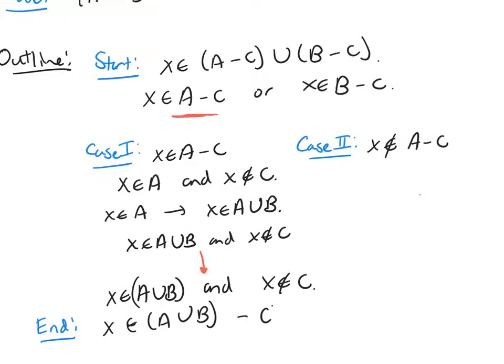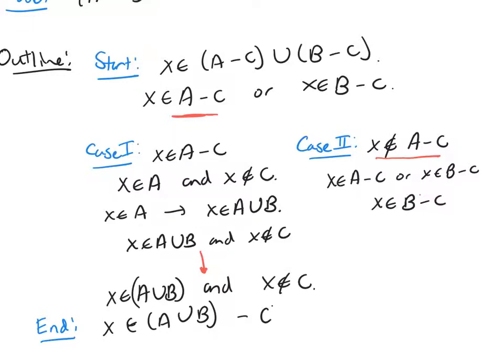So now let's look at case 2. Well, case 2, I knew that X was in A minus C or X was in B minus C, but right here we said X is not in A minus C. So if it's not in the first one, it has to be in the second one.